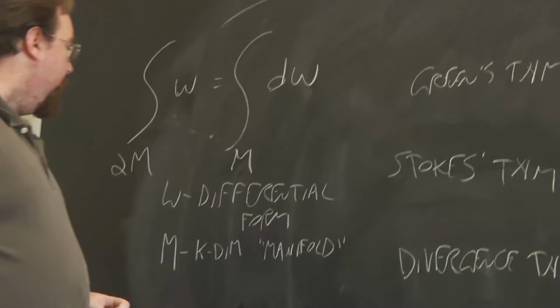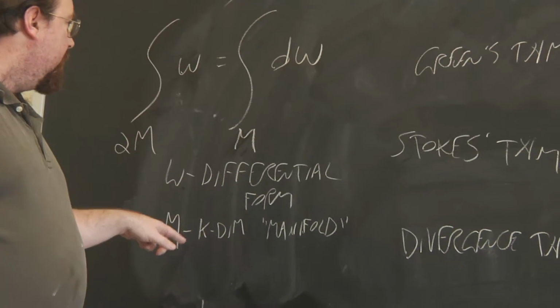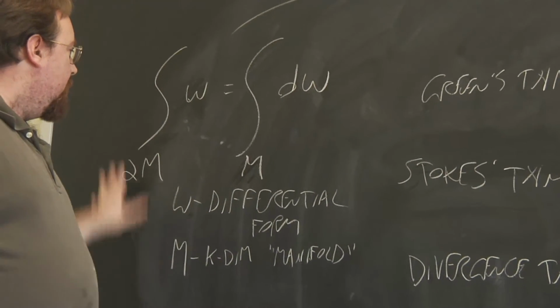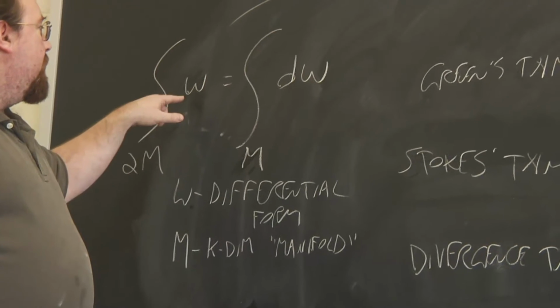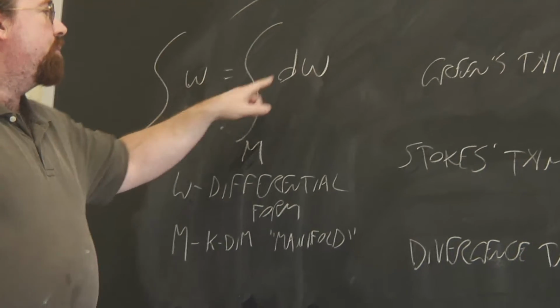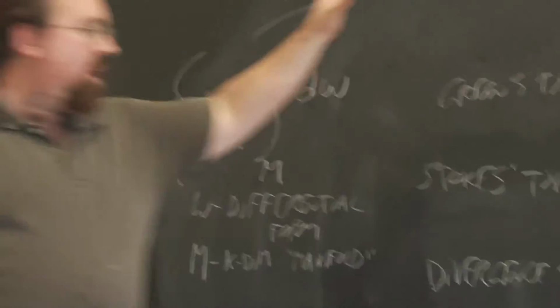And omega is a differential form defined in a region containing this manifold, then the integral of a form over a boundary is equal to the integral of the form's derivative over the interior. So all 5 of these are equivalent to this.